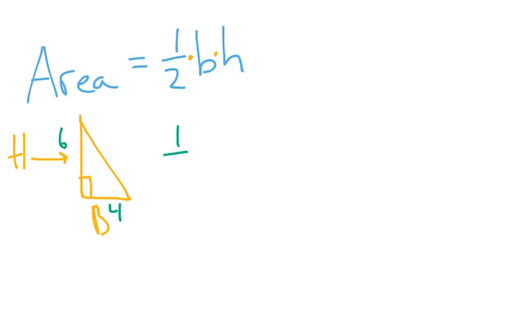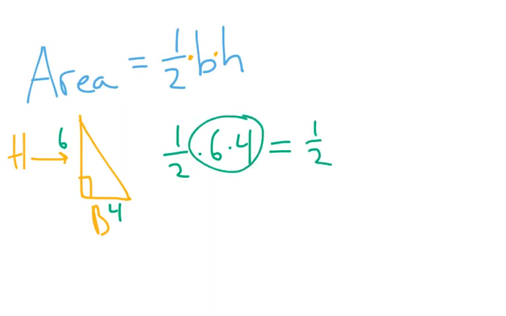I would go 1/2 times 6 times 4. I could do it several different ways, but I'll take my whole numbers and multiply them together. I have 1/2 times 24, which means the area is, whoops, not a fraction, the area is equal to 12.